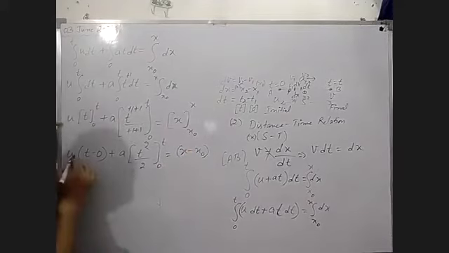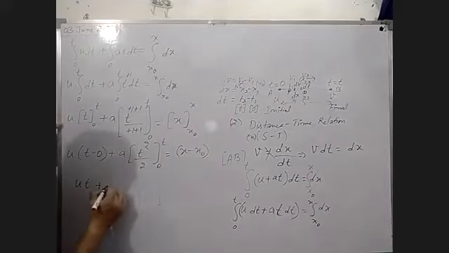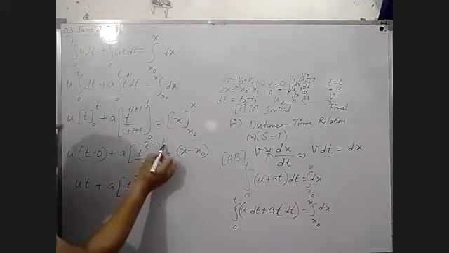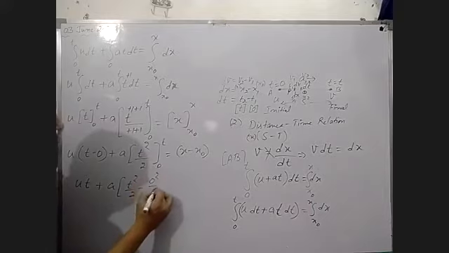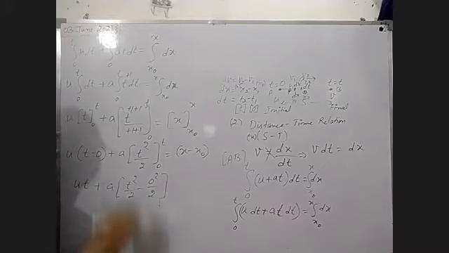Okay. Now this becomes ut plus, now put here t square by 2 instead of t squared by 2 minus 0 squared by 2. Upper limit minus lower limit, we are putting this.